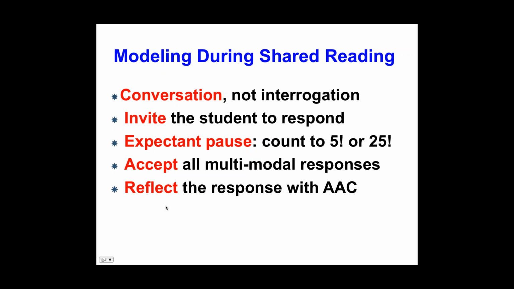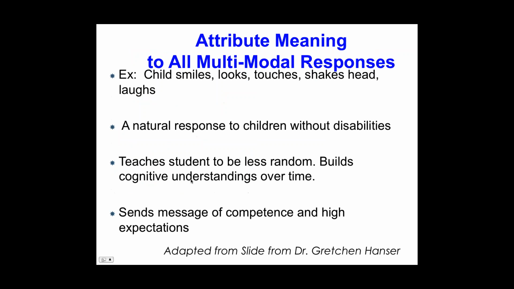We'll accept all multimodal responses. So if your child looks, if they eye point, if they giggle, these are multimodal responses that tell us that they're engaging and allow us to then reflect that response with using the AAC system. So attributing meaning to all multimodal responses.